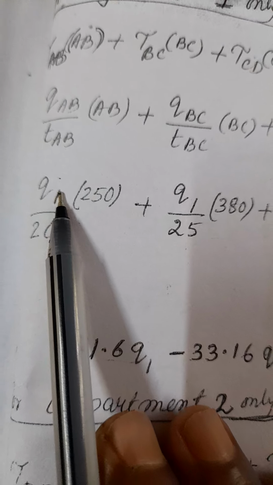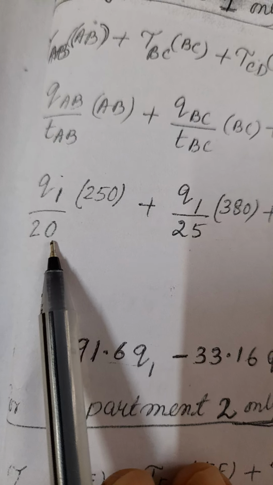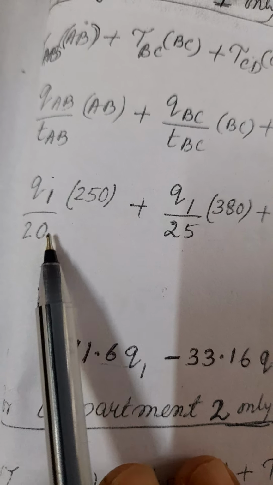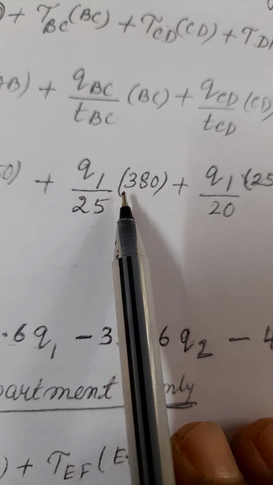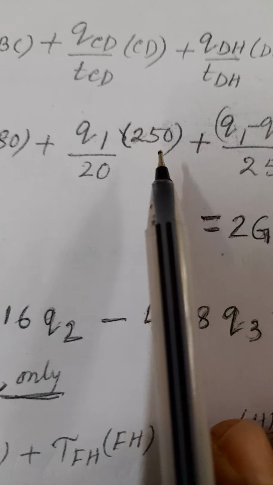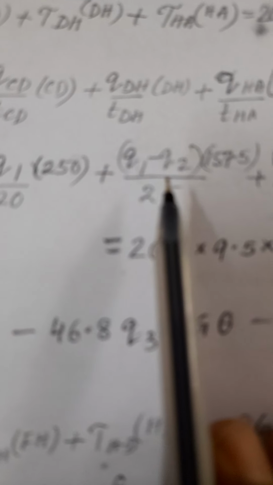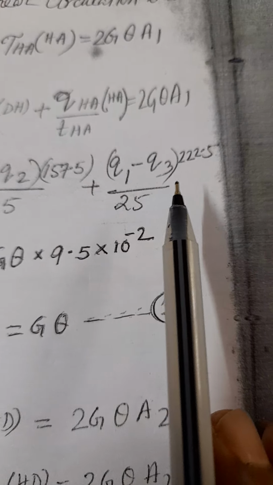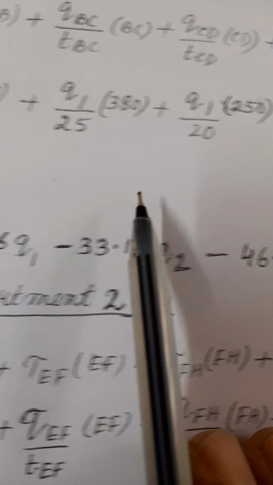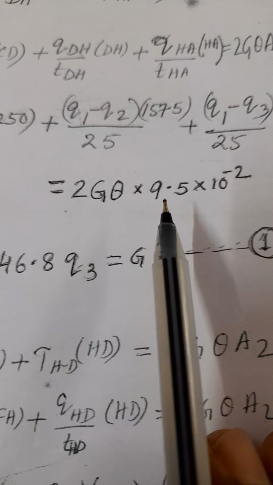Now QAB is Q1, and TAB, the thickness along AB, is 20, so divided by 20 into 250, is equal to 2G theta into this.